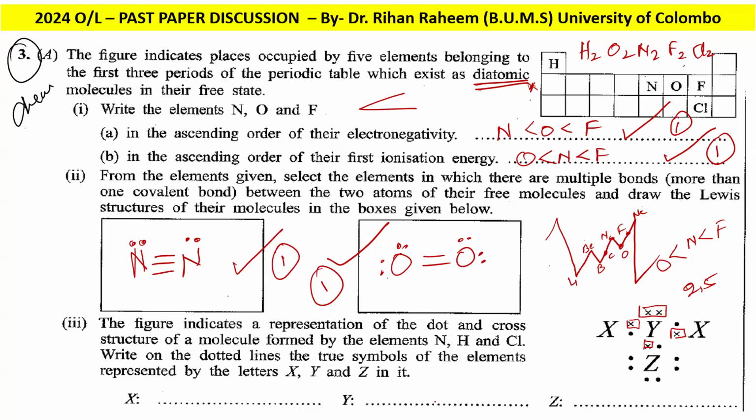Nitrogen. Then look at X. X is sharing only one electron. Then X can be hydrogen. Z is having 1, 2, 3, 4, 5, 6, 7. 2, 7 or 2, 8, 7, any of these. But they have given chlorine, no? So 2, 8, 7 is chlorine. So 3 marks for that.